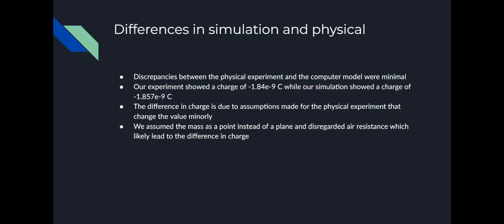Our simulation showed negative 1.857 times 10 to the negative ninth coulombs, which are pretty similar numbers, but with how the model does it and how we physically did it, we basically made the assumption that there's no air resistance and that the tape was basically a point mass, because it would be a lot more complex integrals for solving exactly where all the electrons are spaced out on the tape. So that's why I believe there's a small discrepancy between the two models.